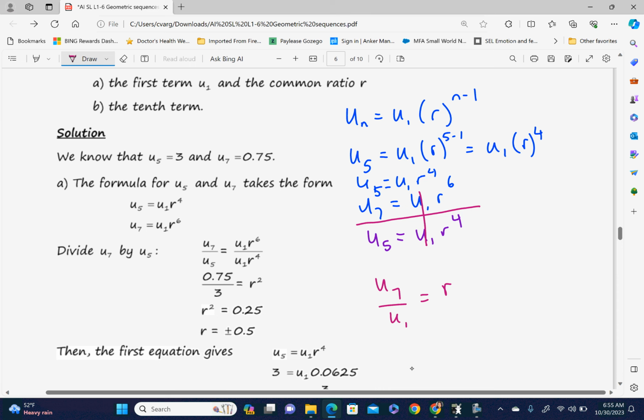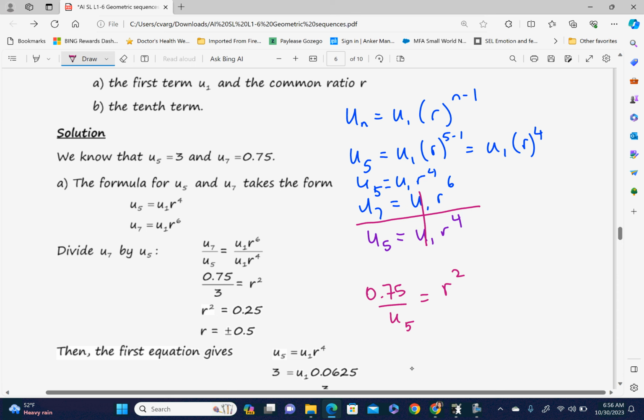These two are the same variable, so when you divide them, you subtract exponents, so that's going to be r to the second. And then to find out what r is, we want to plug in our U7. They gave us that the seventh term is 0.75, so I can replace this U7 with 0.75, and I can replace the U5 with 3. So we have 3 here.